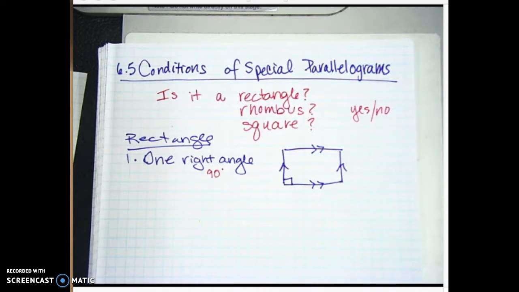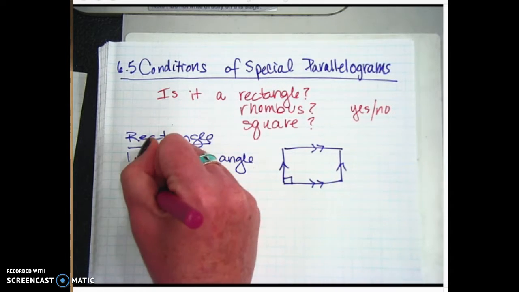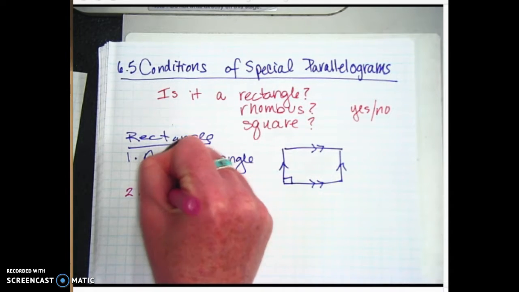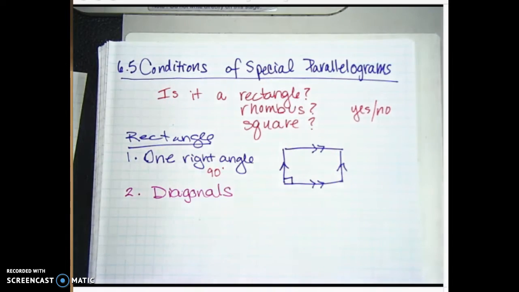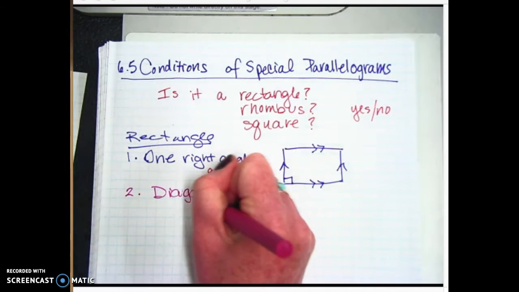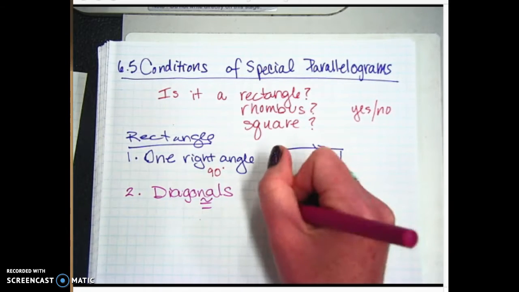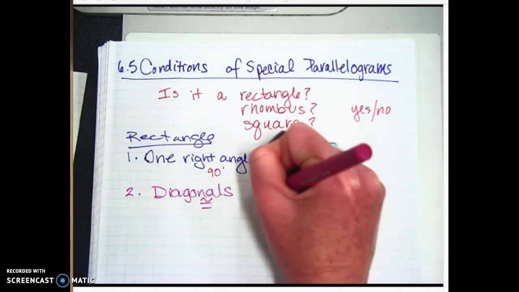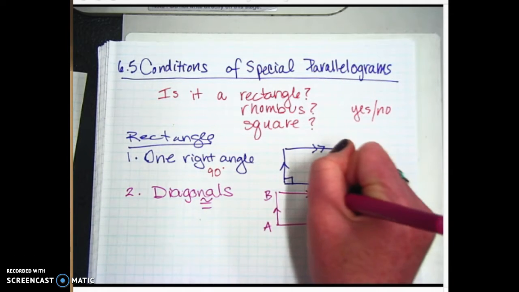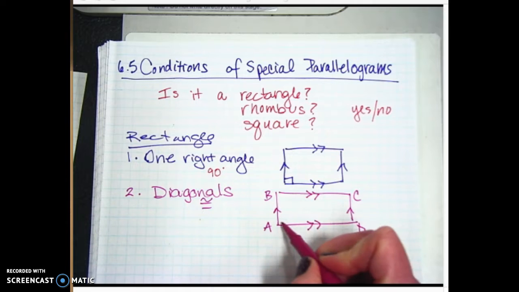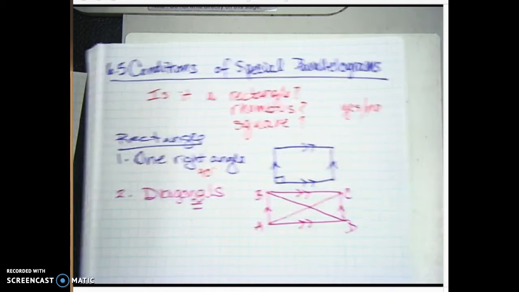All right, the second condition that could be met is that the diagonals are congruent. So if they give you a figure, and we'll call it A, B, C, D, with vertices labeled, opposite sides parallel, making it a parallelogram, and diagonals drawn in connecting the opposite vertices.